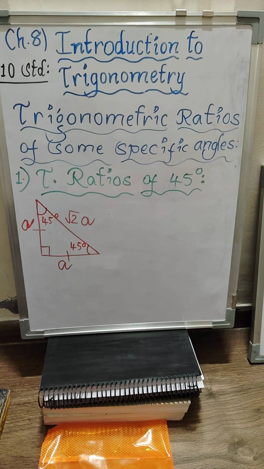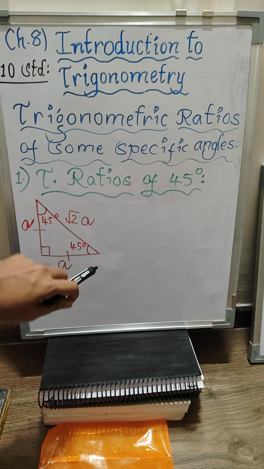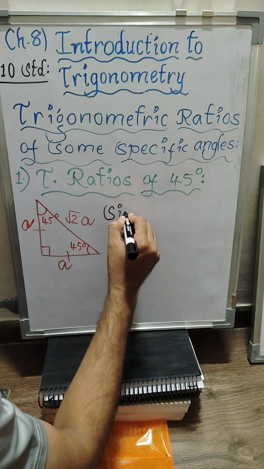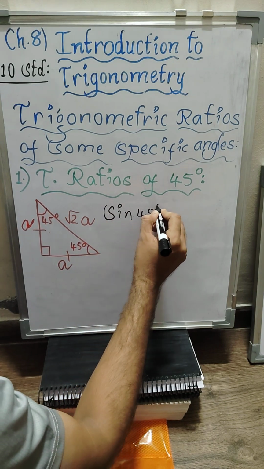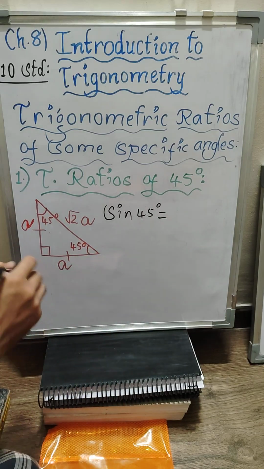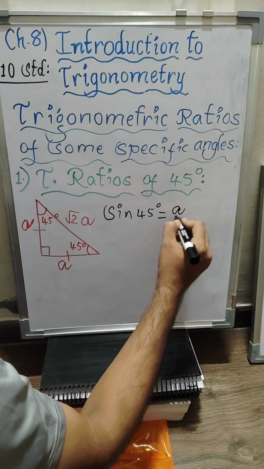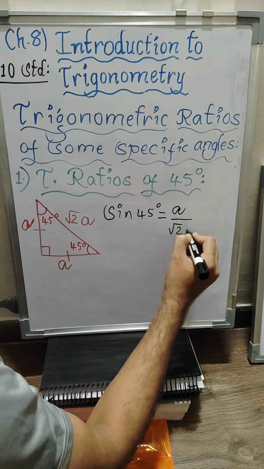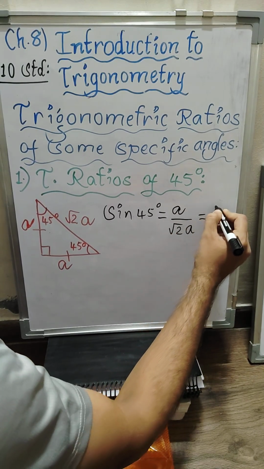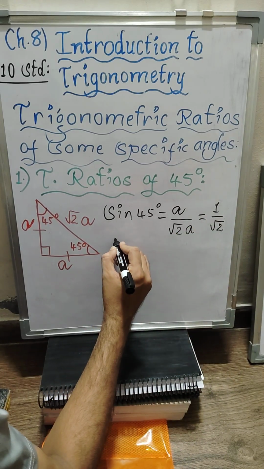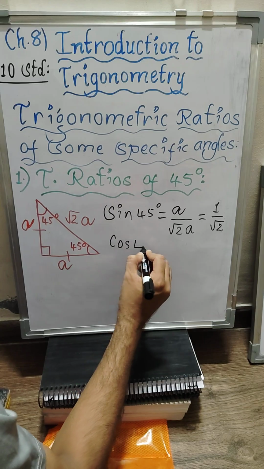And here in this triangle, sine 45 degrees is equal to opposite by hypotenuse. So a by root 2 a units, which is equal to 1 by root 2. Next, cos 45 degrees.